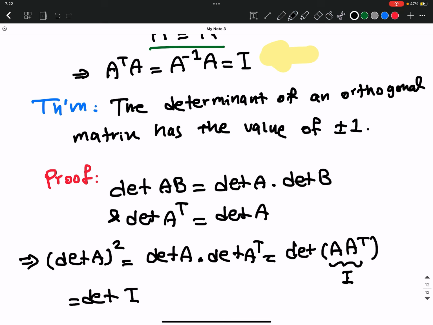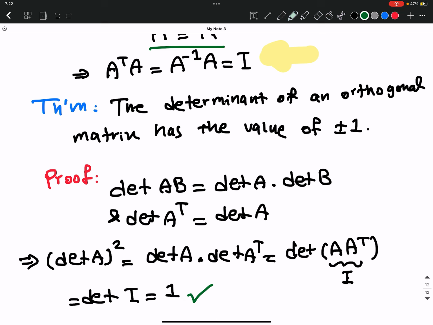And what is the determinant of the identity matrix? It is 1. So this shows me that the determinant A squared equals 1. So the value of the determinant of A should be plus or minus 1. So this actually proves my point. Okay? So this is a theorem that we use for orthogonal matrices.